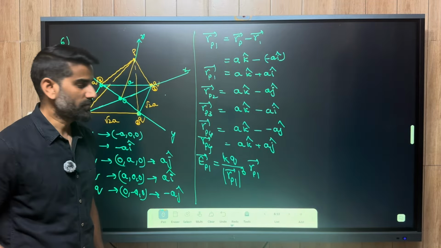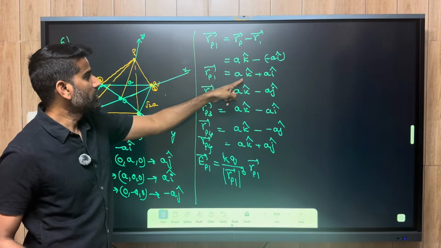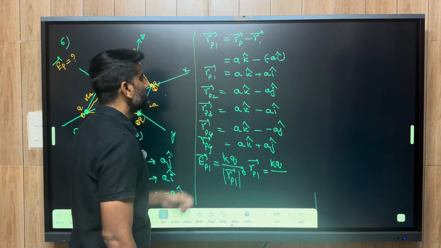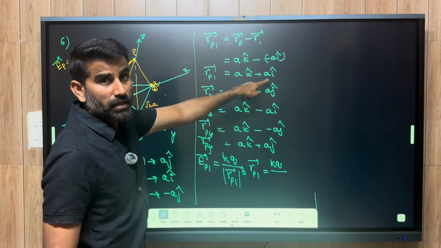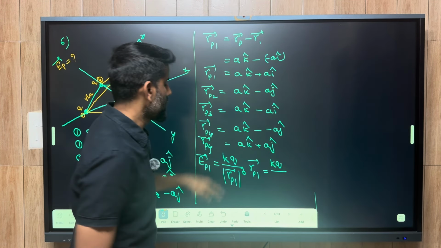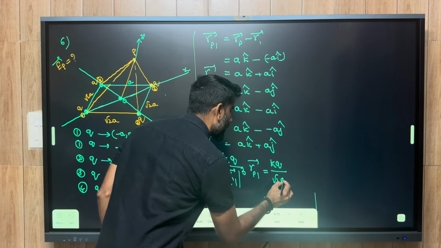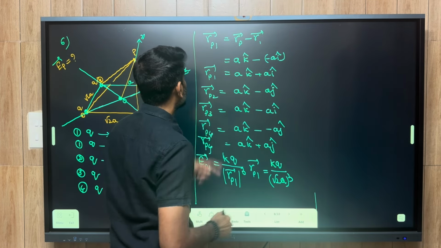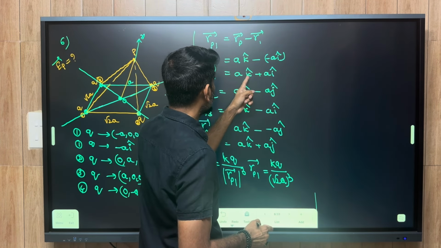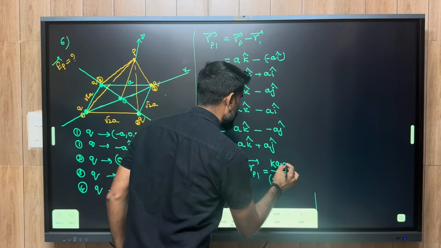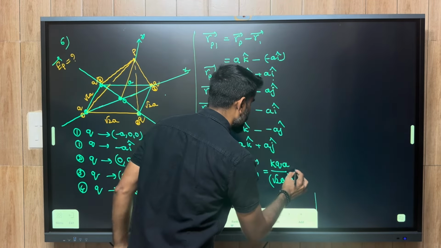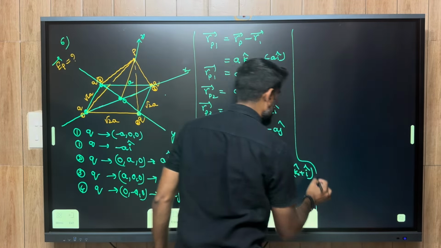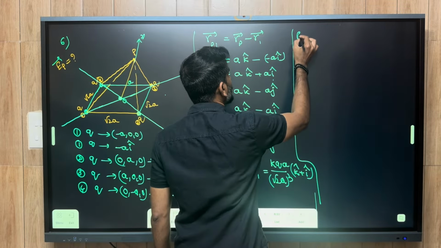The magnitude of r p1 is root 2a, so we have root 2a whole cube in the denominator, and the r p1 vector is a, which can be taken common, times k cap plus i cap. Okay, now let's move on to the next one, ep2.